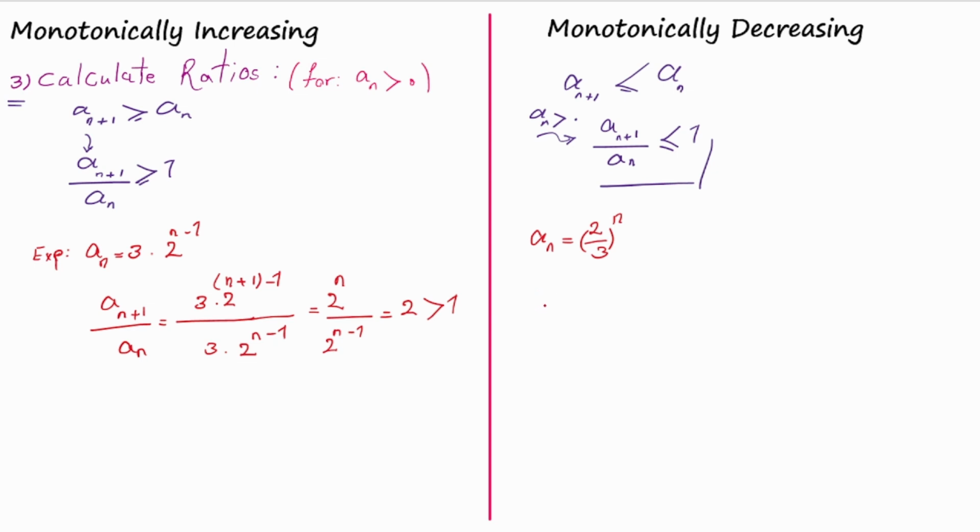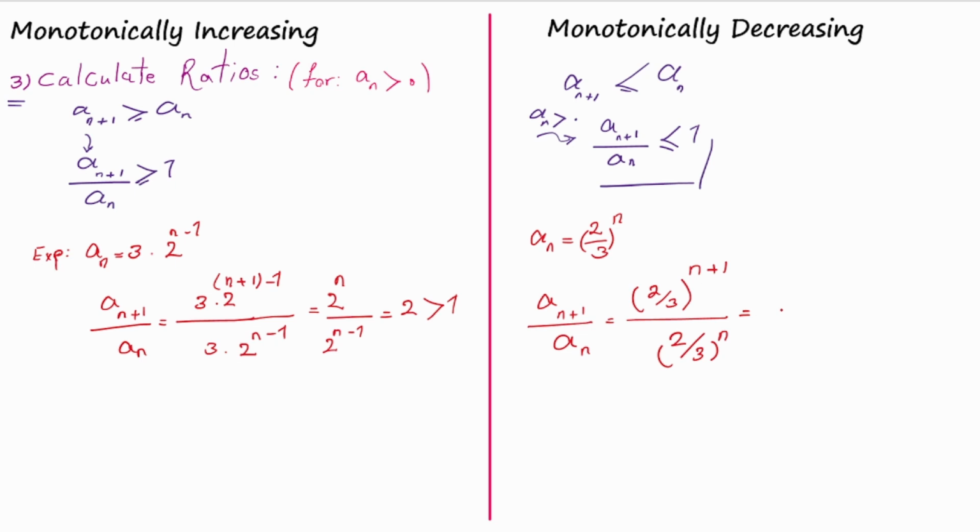So let's calculate a sub n plus 1 over a sub n. The numerator would be 2 over 3 to the n plus 1, and the denominator is going to be 2 over 3 to the n.